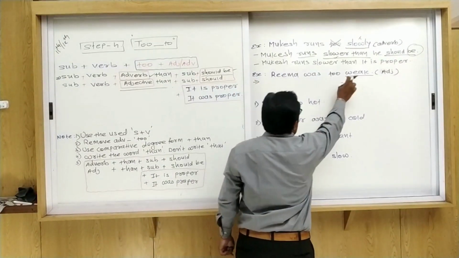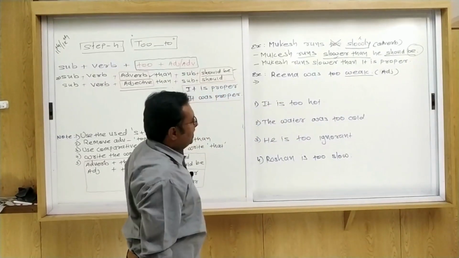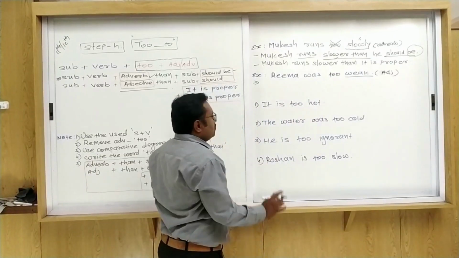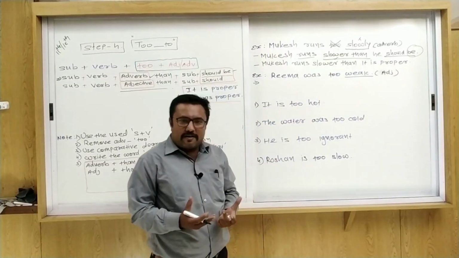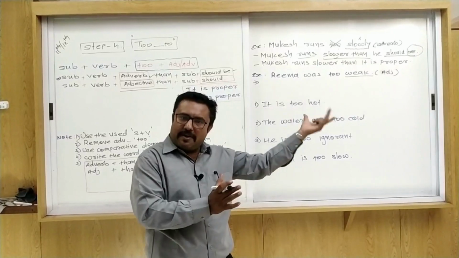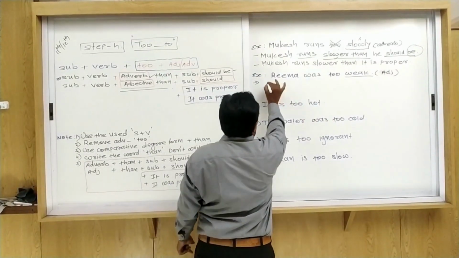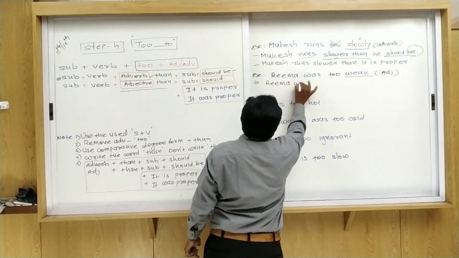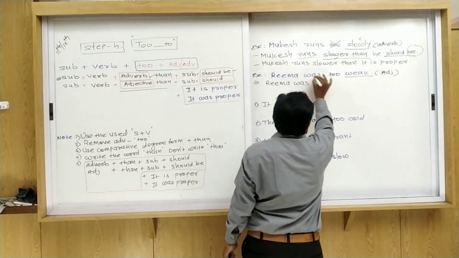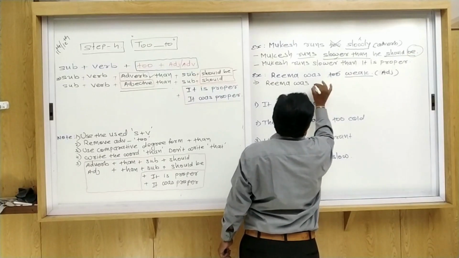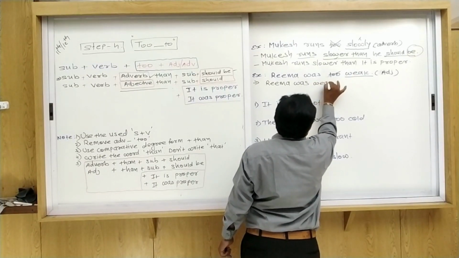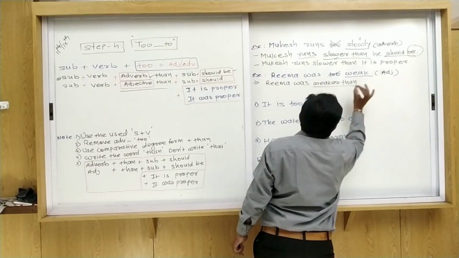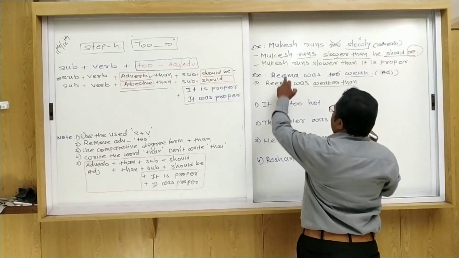Rima was too weak. Now in the second sentence, "weak" is given here. Weak is an adjective. So what is the comparative of weak? Weak, weaker, weakest. Okay. So Rima was, remove "too", weak, so weaker than Rima.